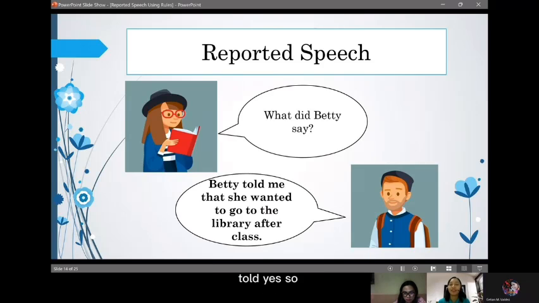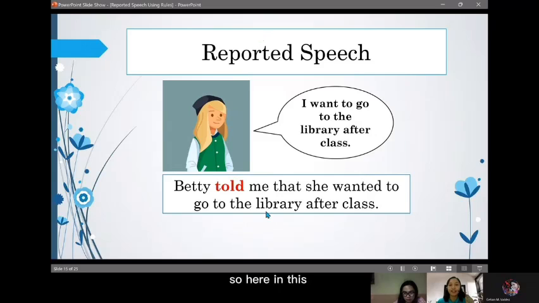Told. Told. Yes. So here in this reported speech, we can also use the reporting verb tell.